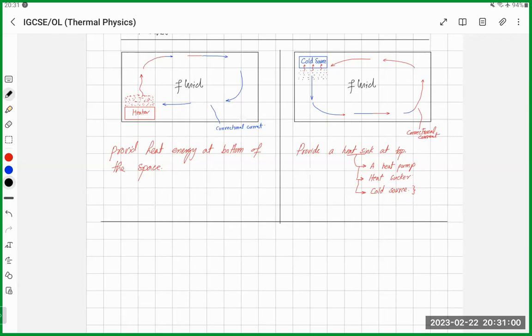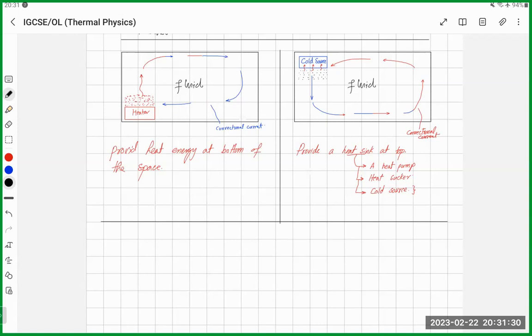If your house is centrally heated, and you have those convectional heaters that are installed with the walls, that white color convectional heater thing, you will find them near the floor. Why? Because when they provide heat energy, it automatically spreads in the whole room.